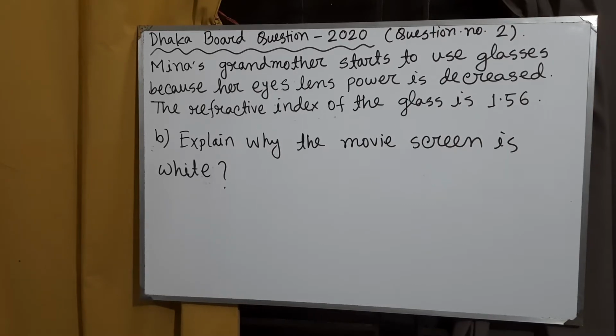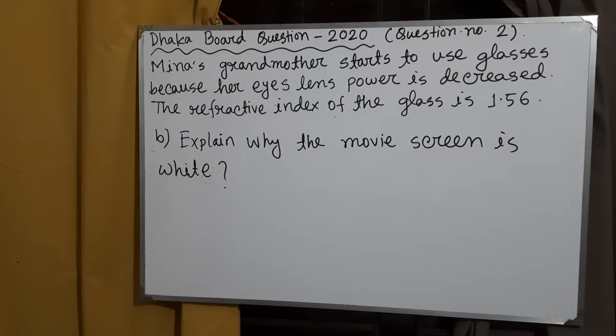And here the question is, why is the movie screen white? And the answer is, because a white screen reflects all colors properly.